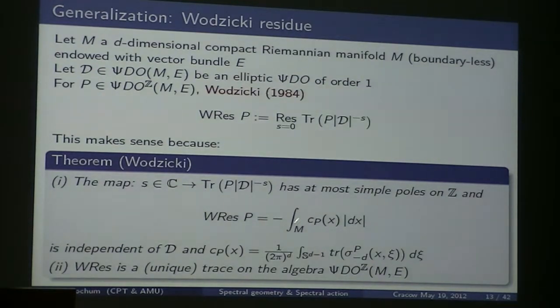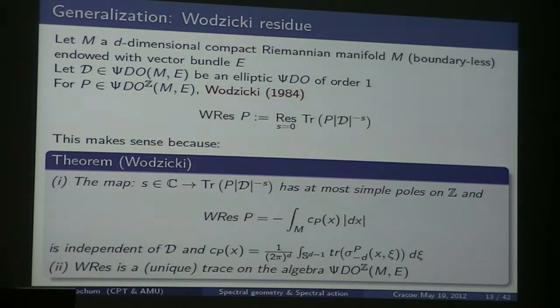It's equal to the integral on your manifold of some density, and this density is just the integral of the symbol of P at the order minus the dimension. D is the dimension of the manifold. Okay, integrate on the cosphere bundle. Anyway, that's the result, and as you can see, there is no D here, right? So this makes sense. This doesn't depend on D.